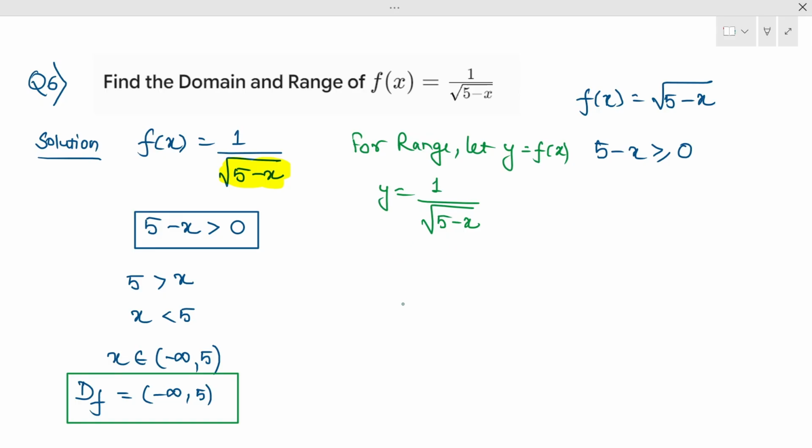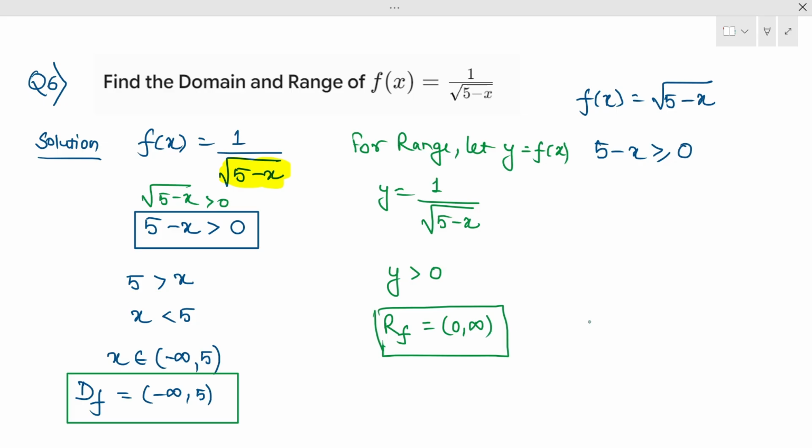Now we can see that square root of 5 minus x is always positive, and 1 by a positive number is always positive, right? So from here, what can we say? That y is always positive. So what will be the range? The range will be 0 to infinity, right?